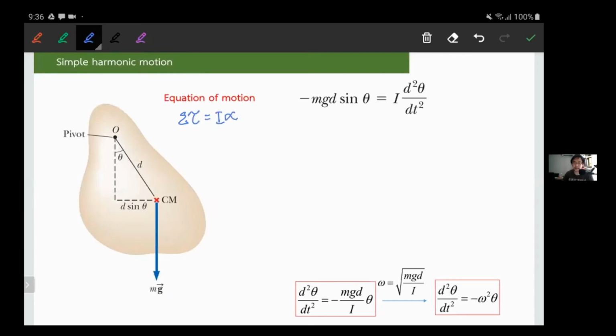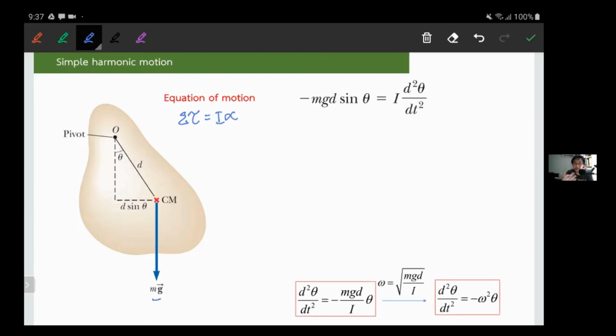Does that ring any bells? Because now you have the torque acting on this physical mass right here. And because you're hanging this mass on a pivot, there's no other force than just the weight mg. So the mg is the one trying to pull this mass down.